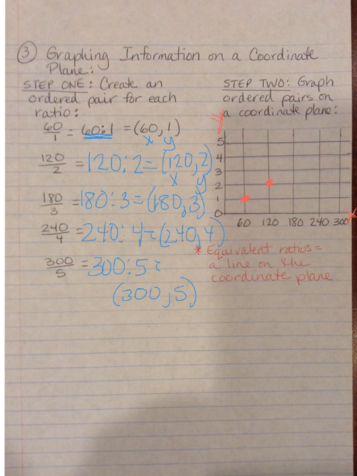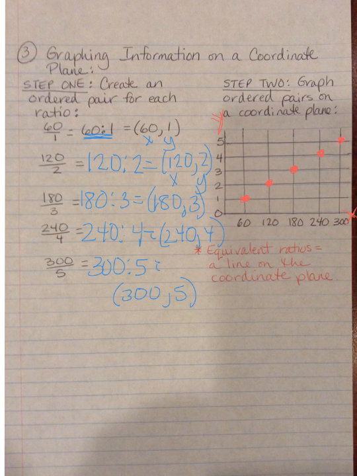The third one is 180, 3. So I go across to 180 and up to 3 and graph it. 240 and 4, I go across 240 and I go up 4 and graph it. And then 300 and then 5, I go across 300 and up to 5.